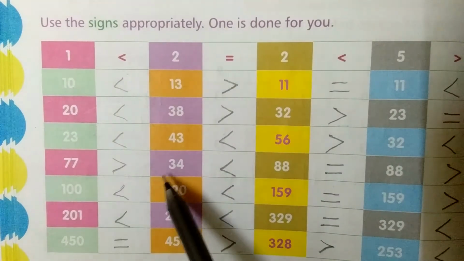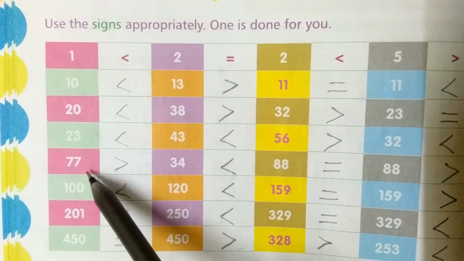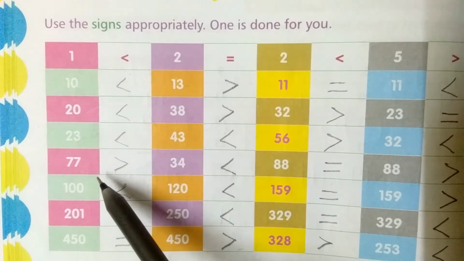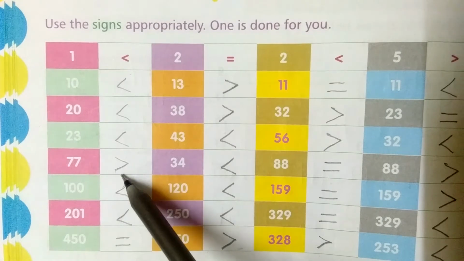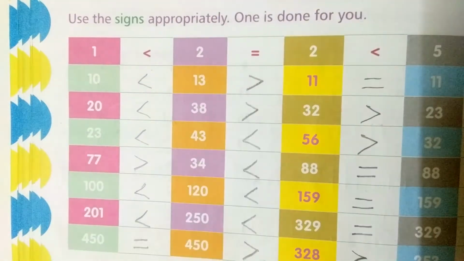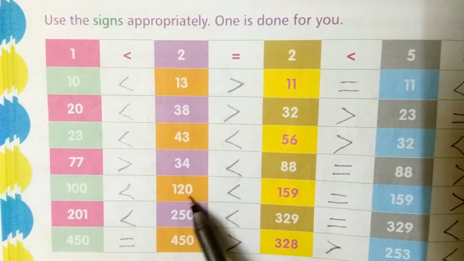Next, 77 and 34. Which number is more, children? Yes, 77 is the biggest number. So on that side only the crocodile mouth is present. Yes or no? So this type of symbol is called the greater than symbol. 100 and 120.